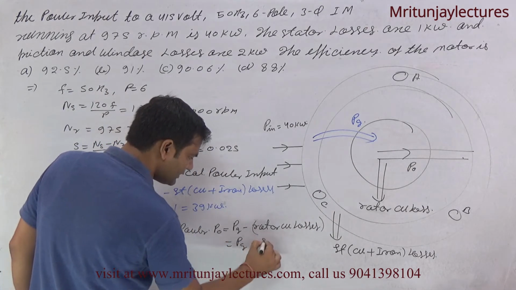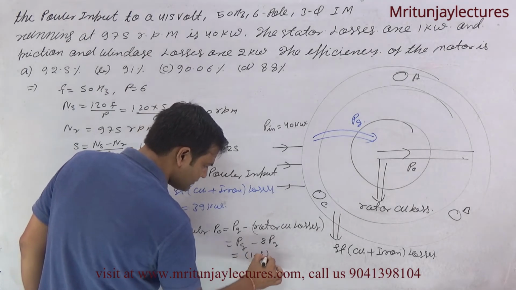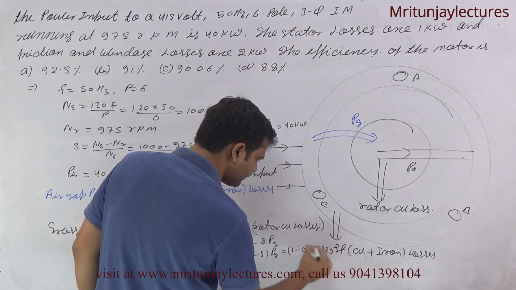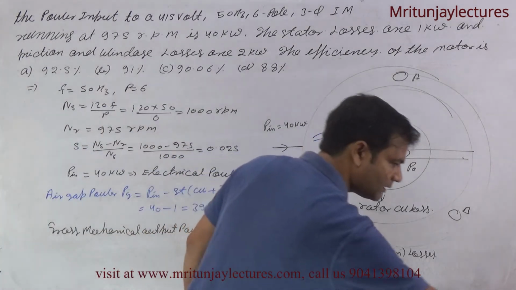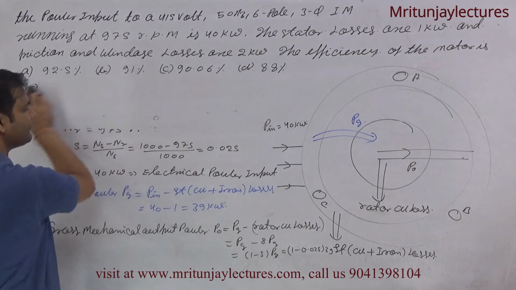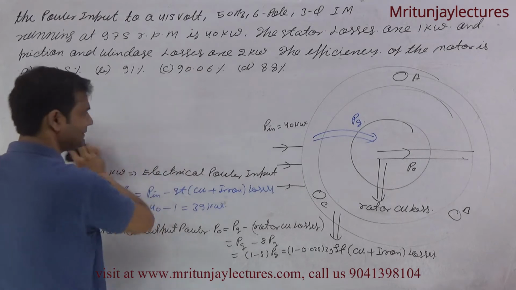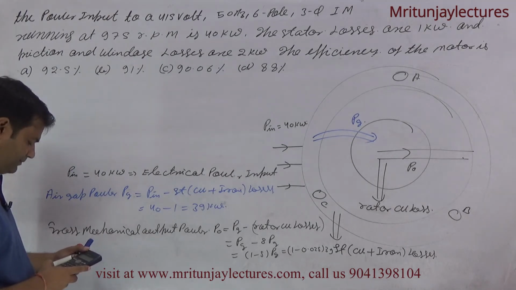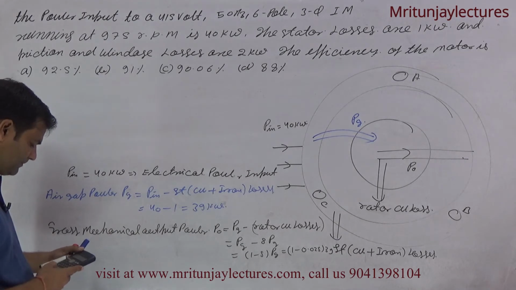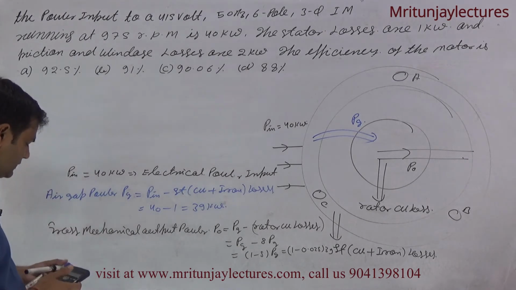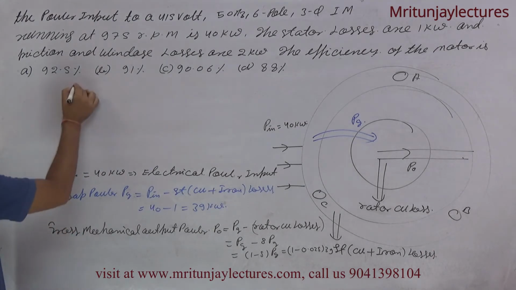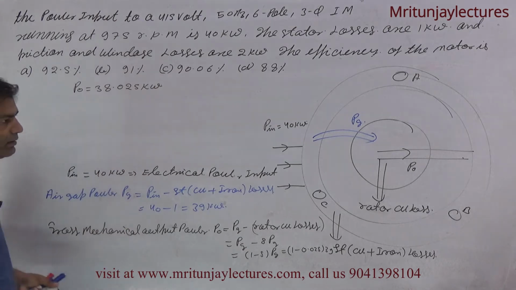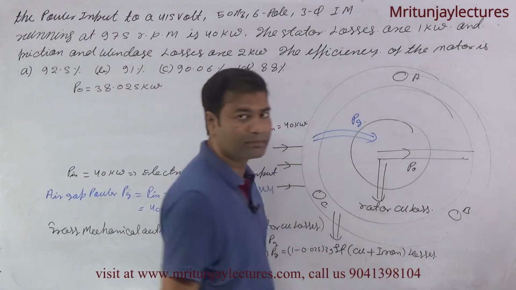And rotor copper loss is also written as S times PG. So P0 is 1 minus S into PG, that is 1 minus 0.025 into 39, that is 38.025. So P0 is equal to 38.025 kilowatt.